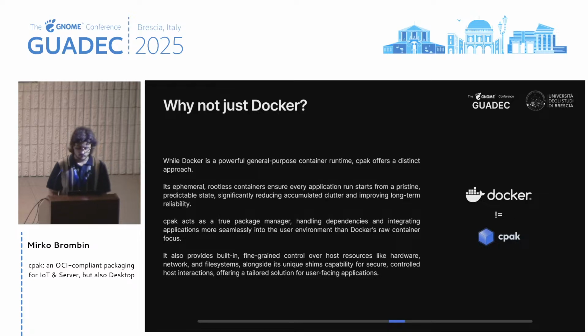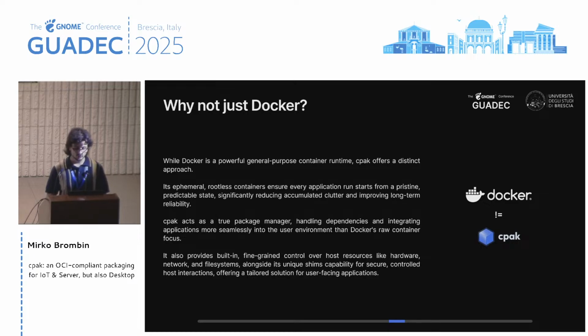So if we are trying to mimic Docker, why not just use Docker? That's probably the most important question. That's because Docker is another thing. cpak is like a package manager, exactly how apt or DNF works, for example. You install a package and you can connect all those packages with dependencies between them.